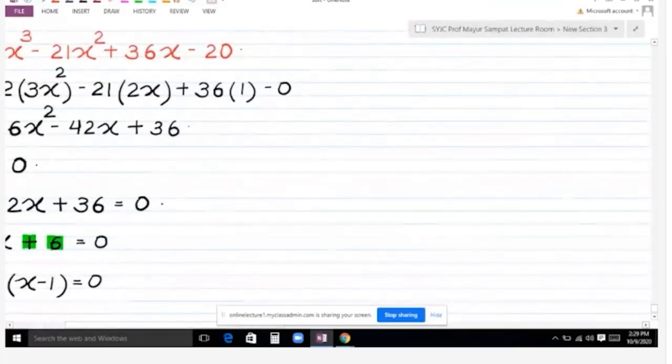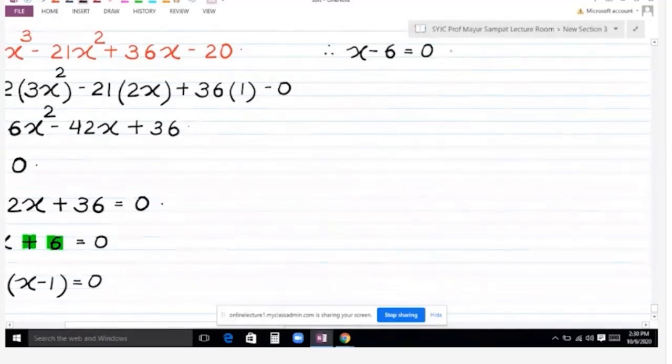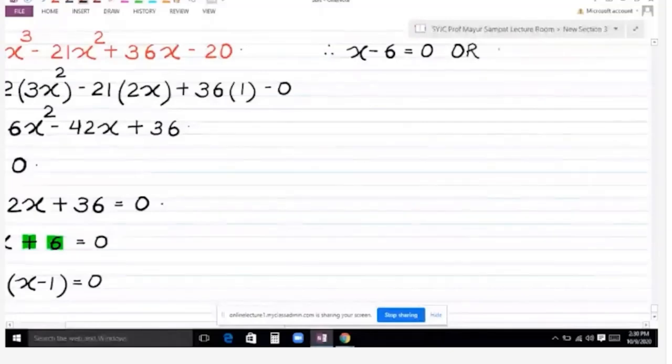ये देख ले, therefore एक मिनट, x minus 6 is equal to 0 or x minus 1 is equal to 0.